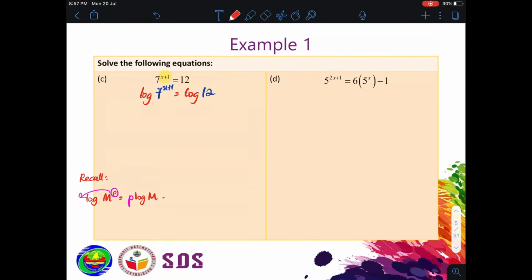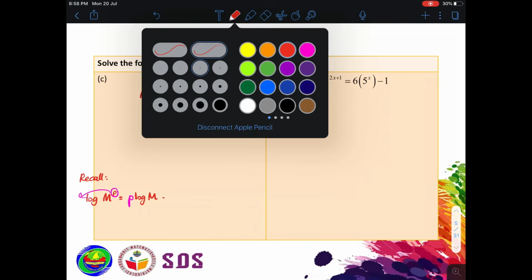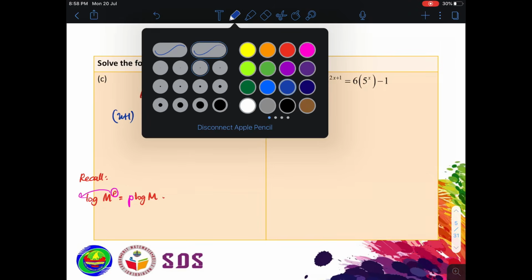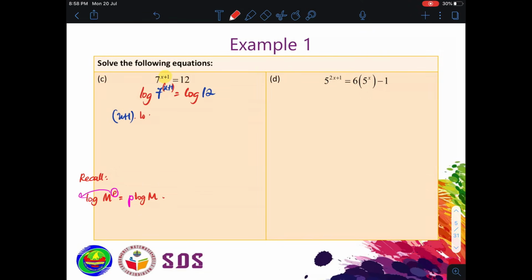So this is what we are going to do. We are going to bring this x plus 1 to the front, which we will get x plus 1 times log 7 equals log 12.